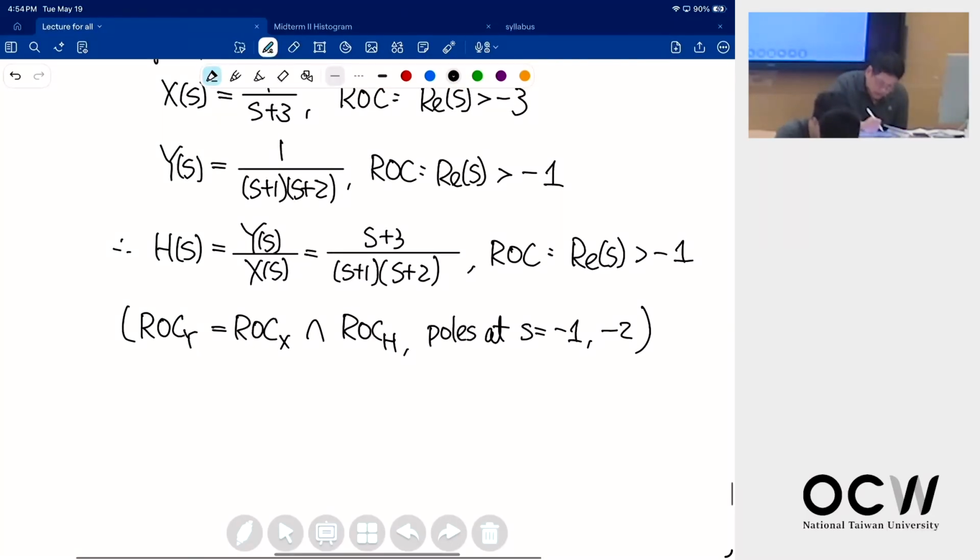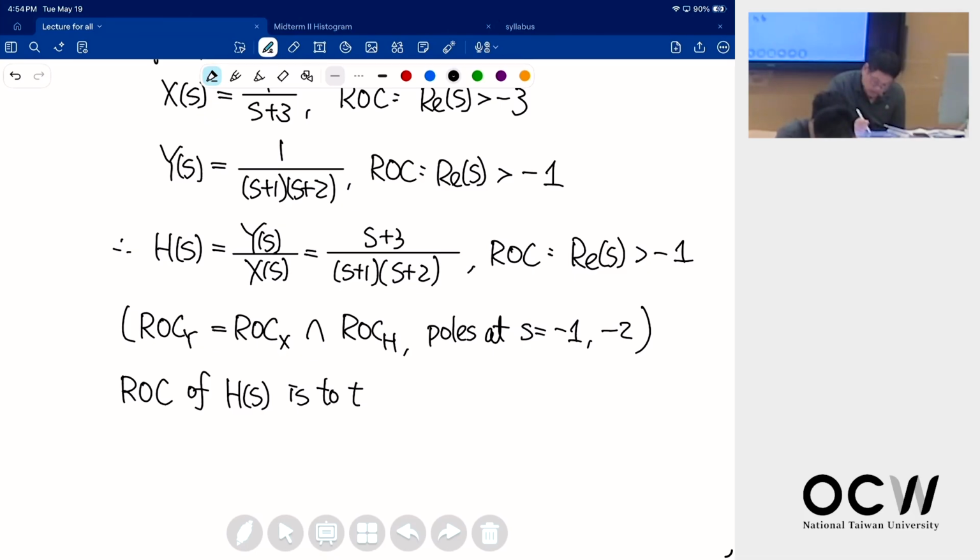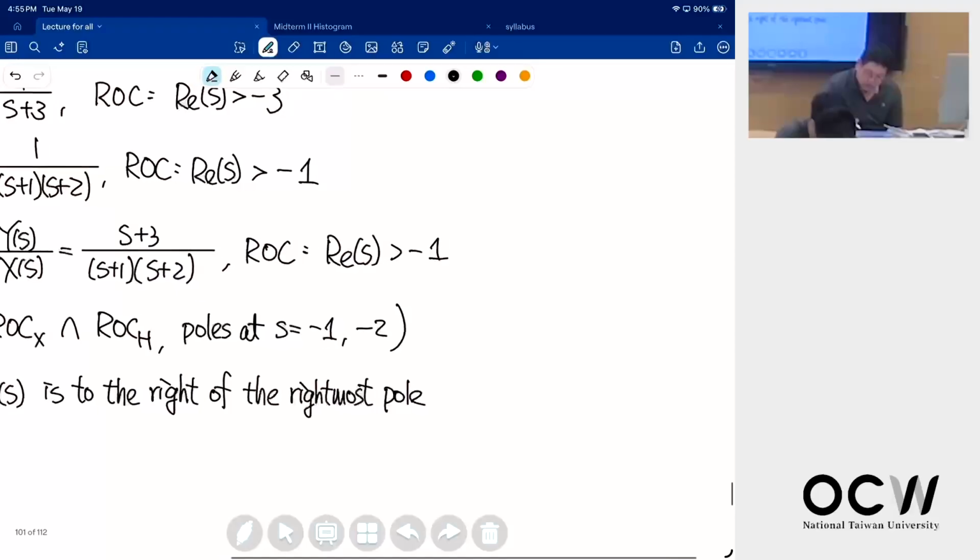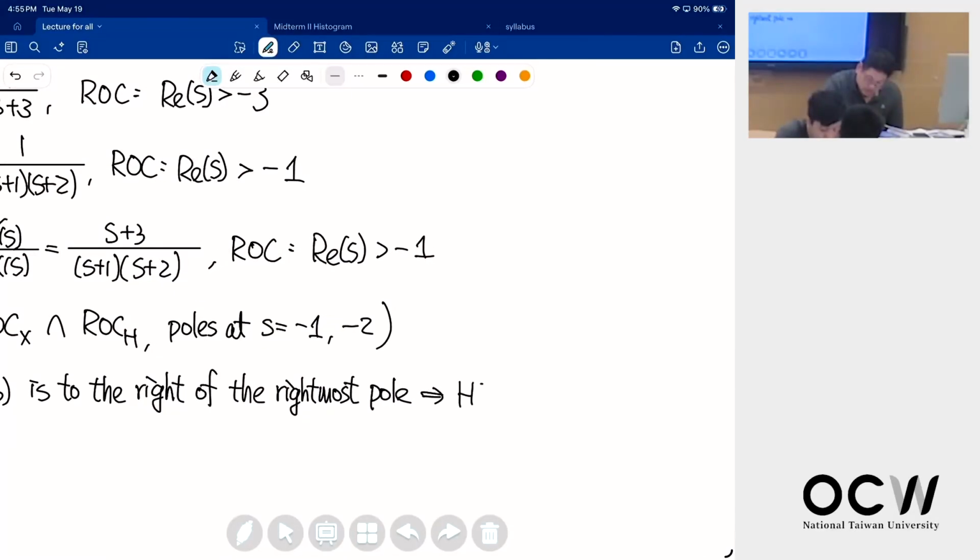The region of convergence of the system is to the right of the rightmost pole, so in this case the system is causal.